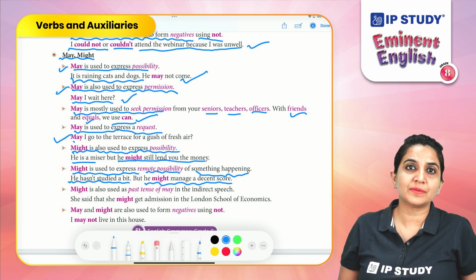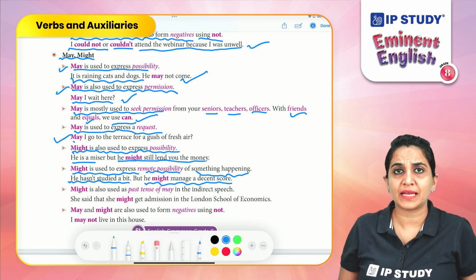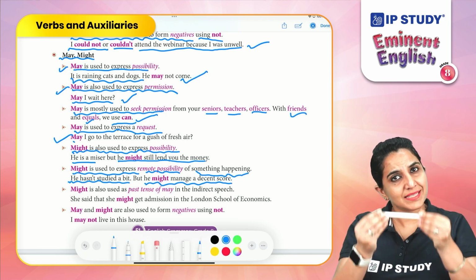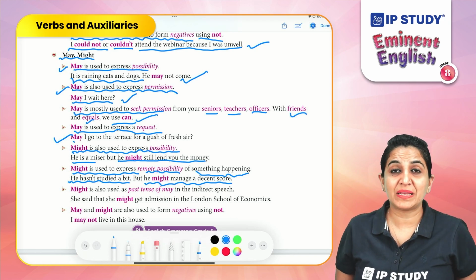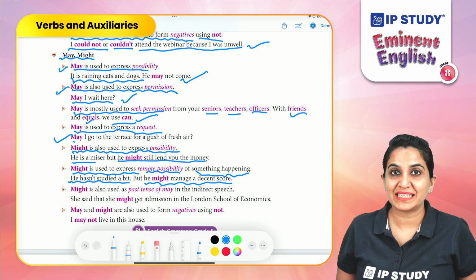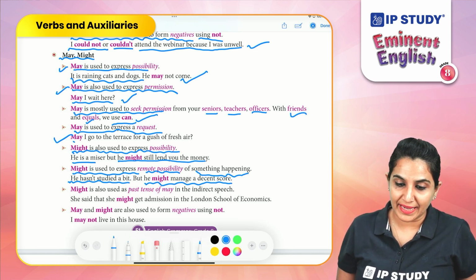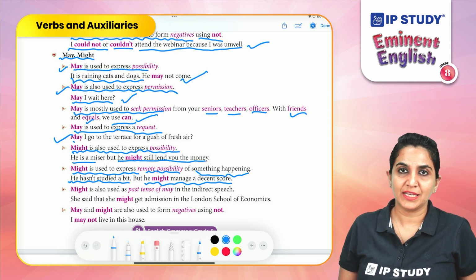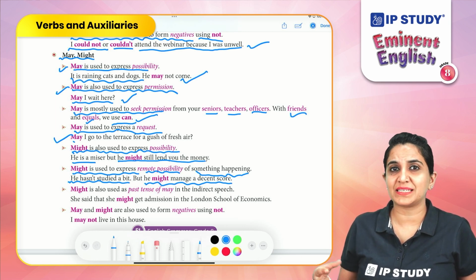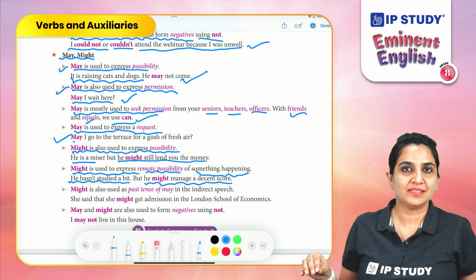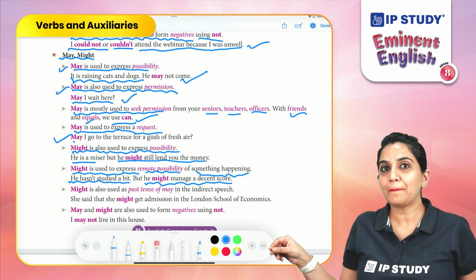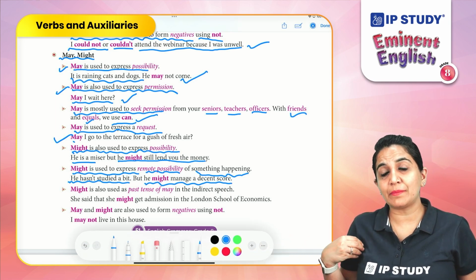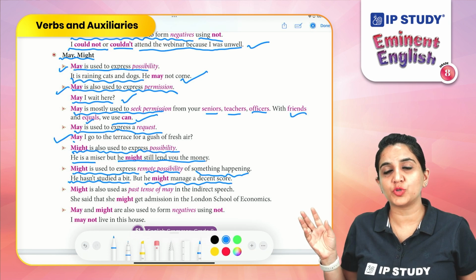May expresses the possibility of something that may happen or may not happen. Might is slighter than may. That means it shows a slighter possibility than may. Like, he is a miser, but he might still lend you some money. It is expressing the possibility, but it has slighter chances to be true than may. It also expresses the remote possibility.